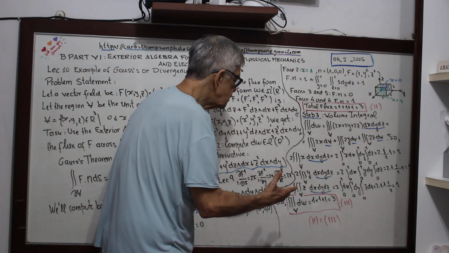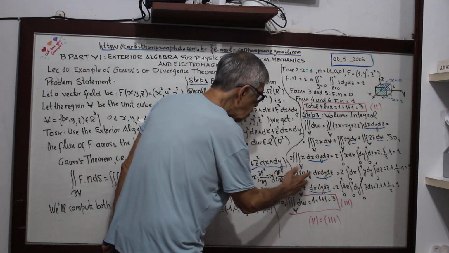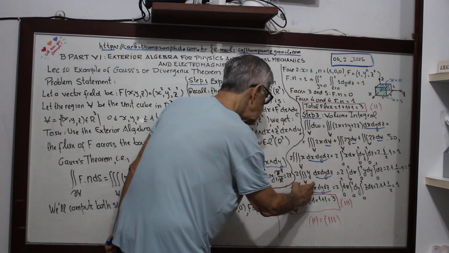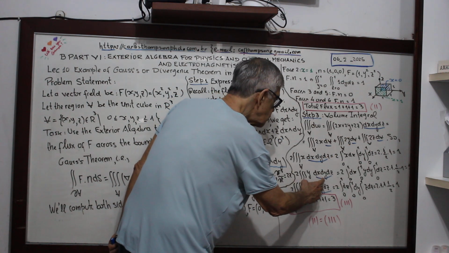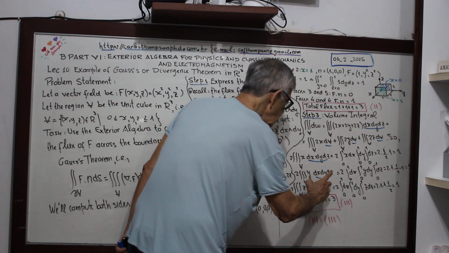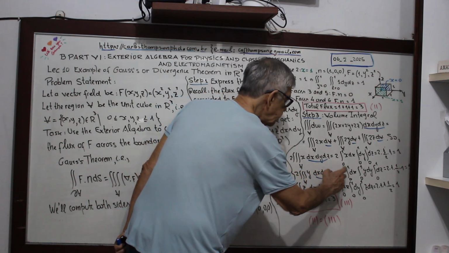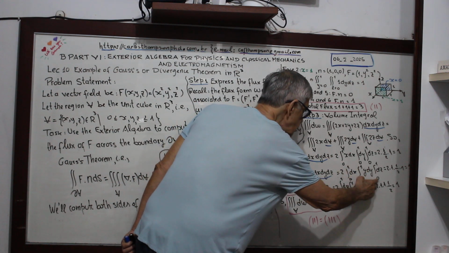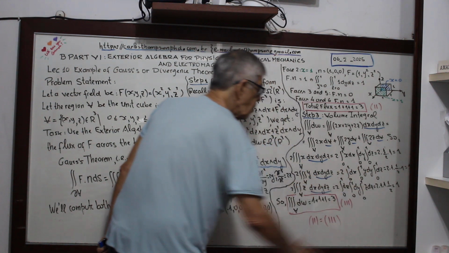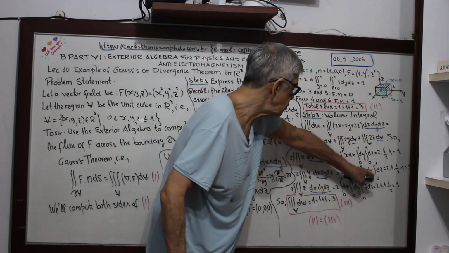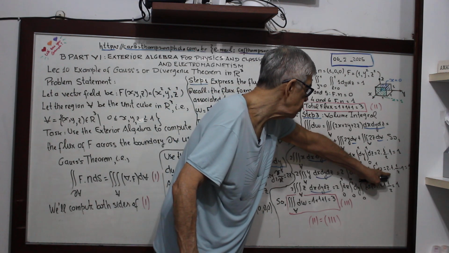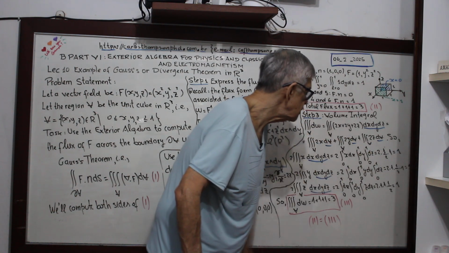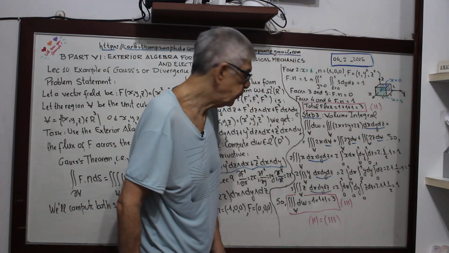Likewise, the second one is 2 times the integral of y dx dy dz. This is 2, integral of dx from 0 to 1, integral of y dy from 0 to 1, and integral of dz from 0 to 1. So it's 2 times 1 times 1/2 times 1, which is also 1.